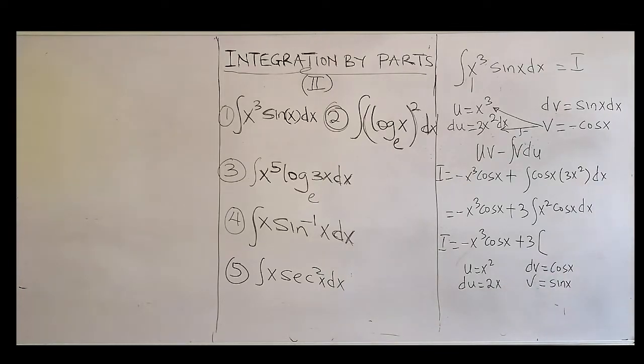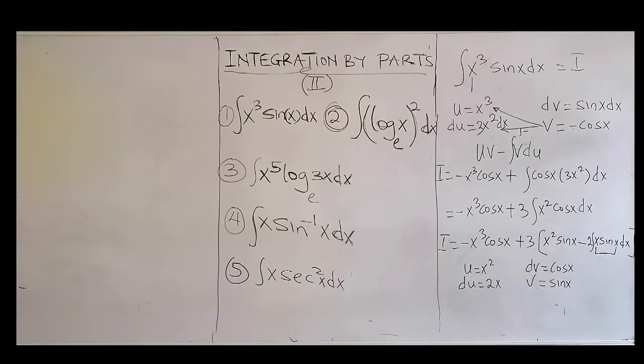So let's plug in uv, that's x squared sin x. Then followed by minus the integral of v, sin x, times du, which is 2x. The 2 can come outside, then dx. So this is what we have. Again, we're going to integrate this one again.